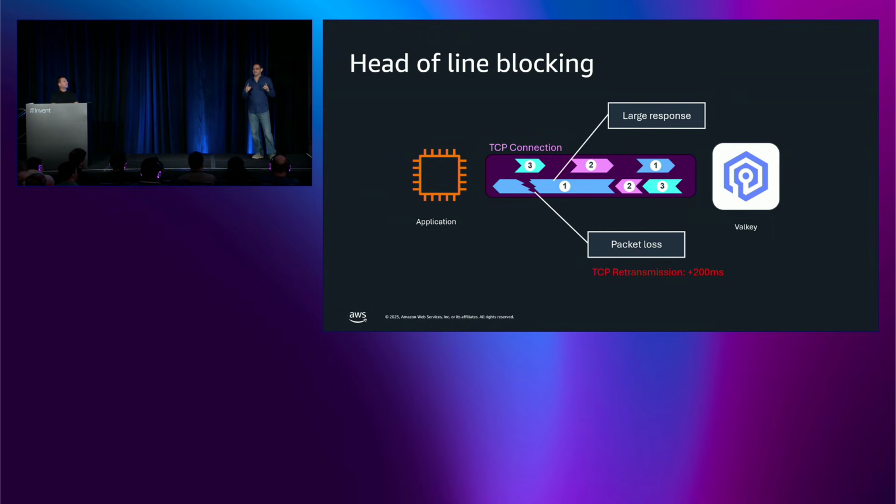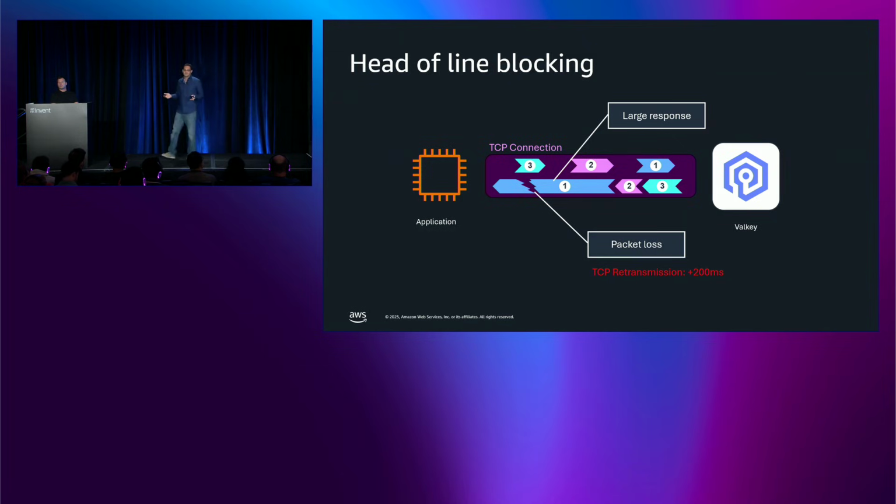That's hard-coded in the Linux kernel. It's not something you can change without rebuilding it yourself. So if we have a request, large or not, and there's 1,000 requests waiting behind it, and there's a packet loss, all these requests, all these users are going to have a major impact.